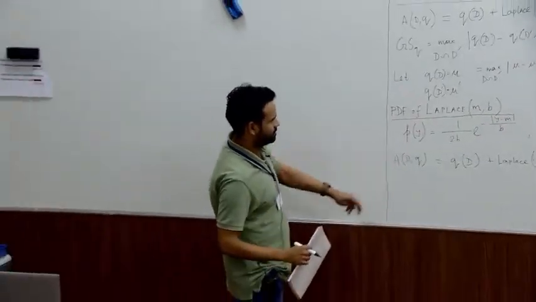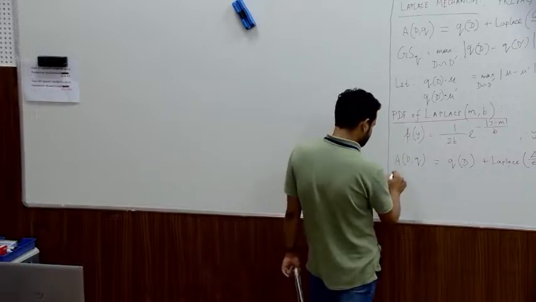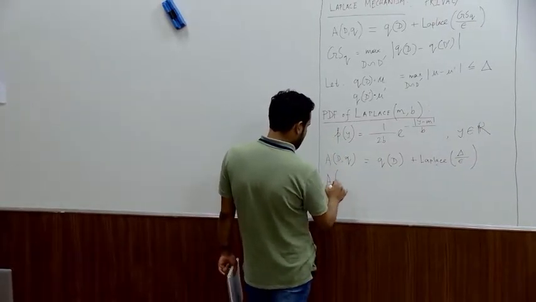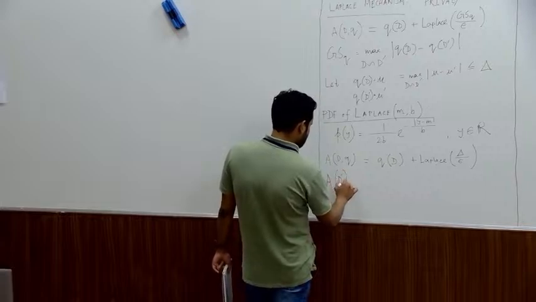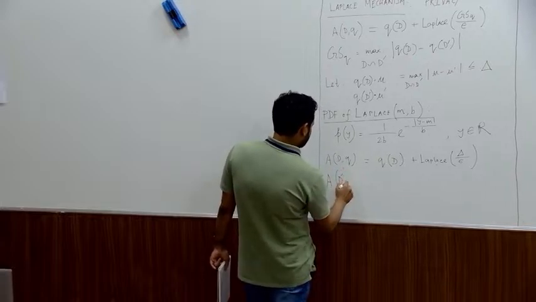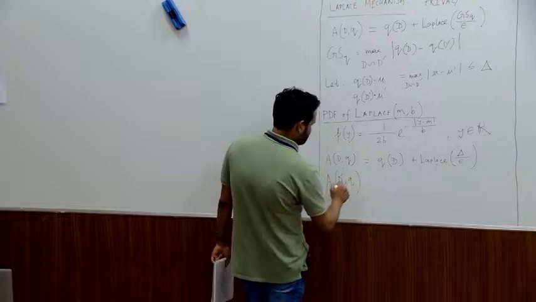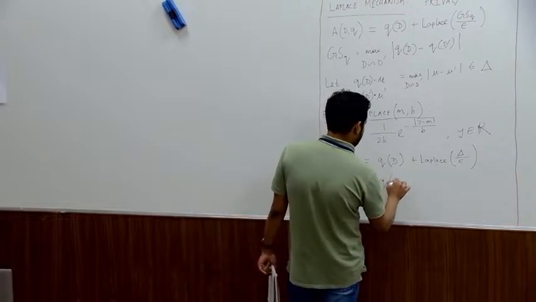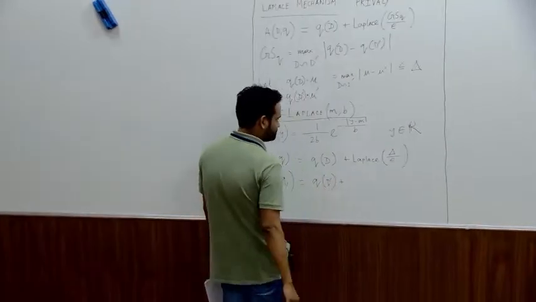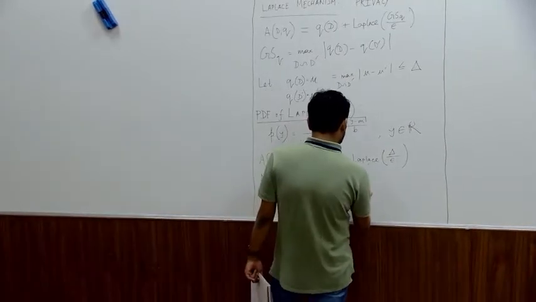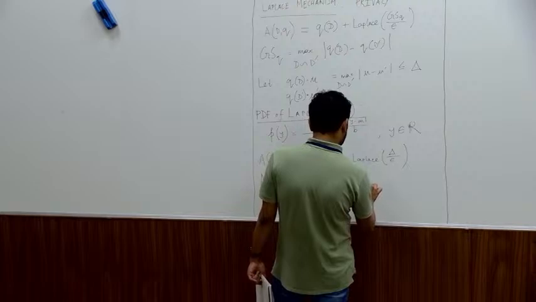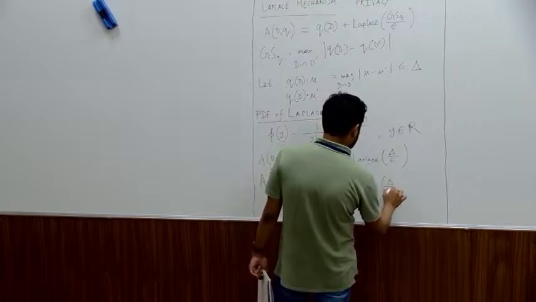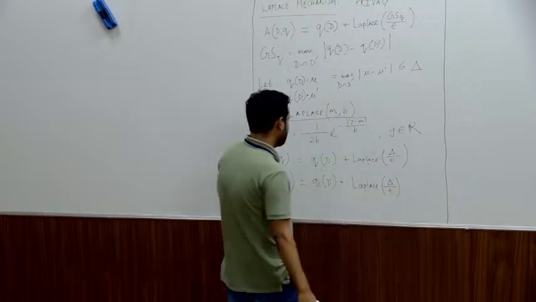Similarly, if our data set is D dash, A_D dash of q is q of D dash plus Laplace noise with scale delta by epsilon.